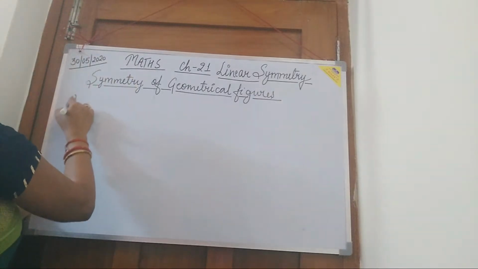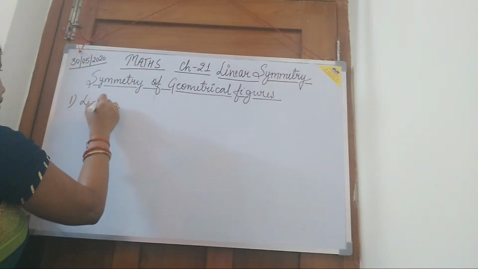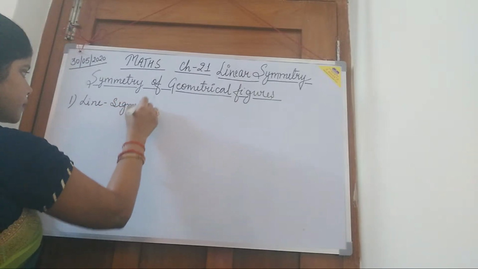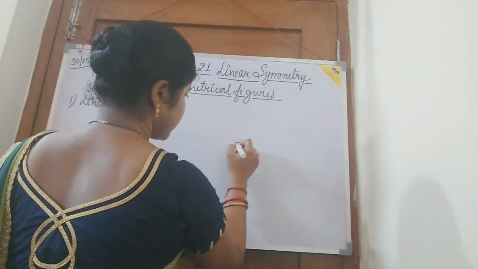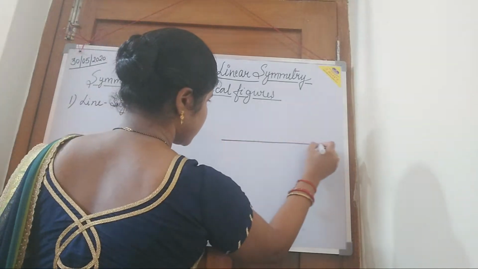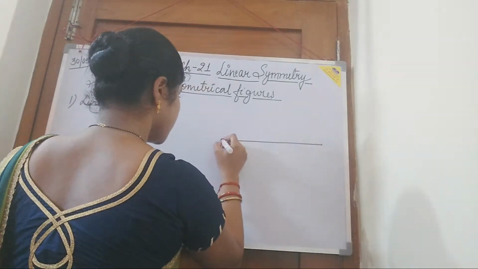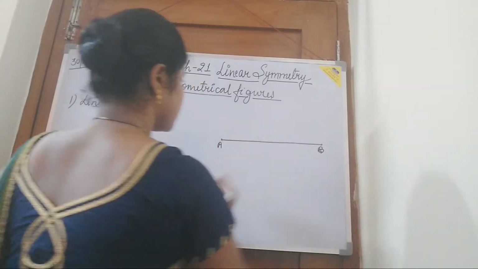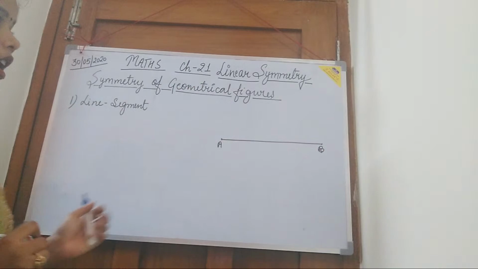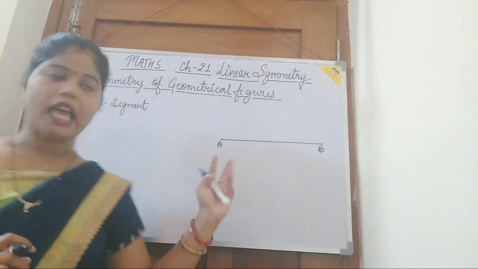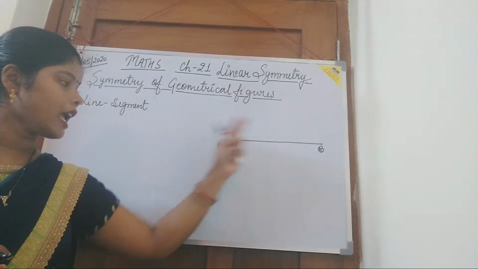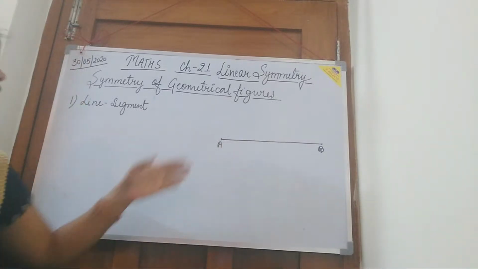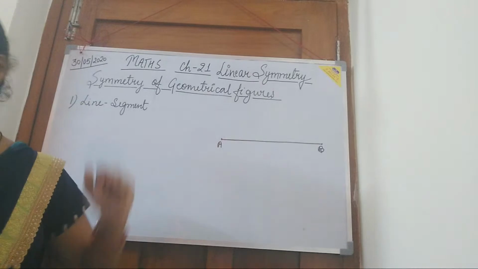So the first one is the line segment. Here we will draw a line segment which has two endpoints A and B. So this is your line segment AB. Now, how will we find its line of symmetry?